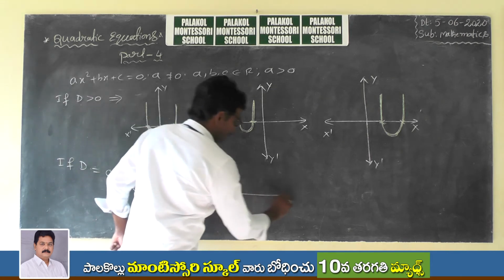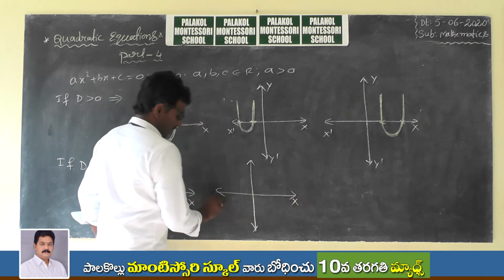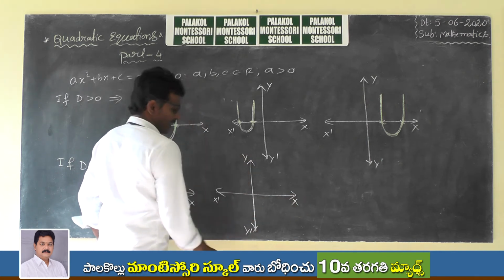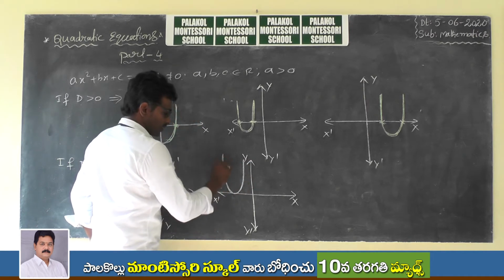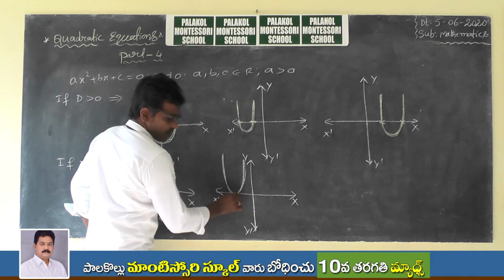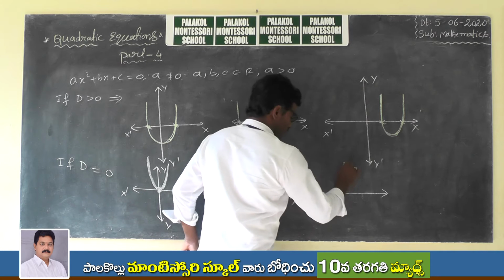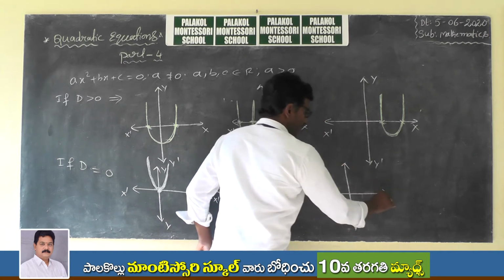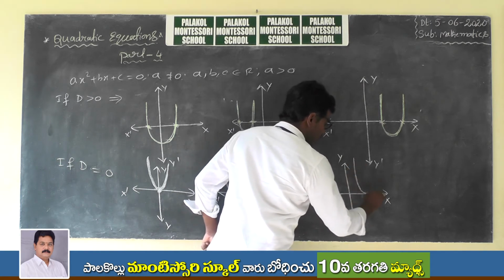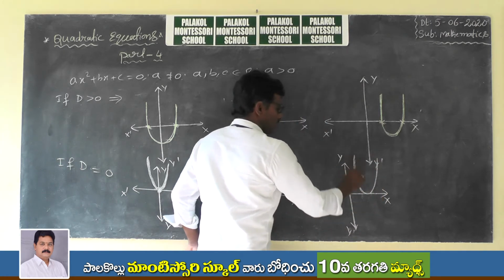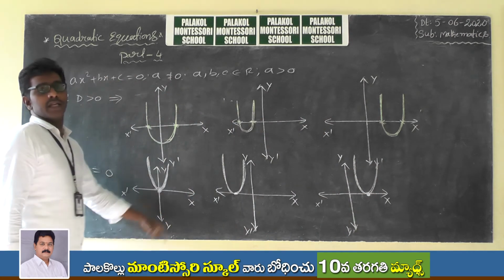Like this, I draw x dash, y dash, and this side one curve touches only one point. Its roots are real and equal.